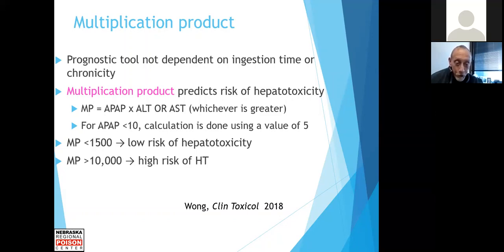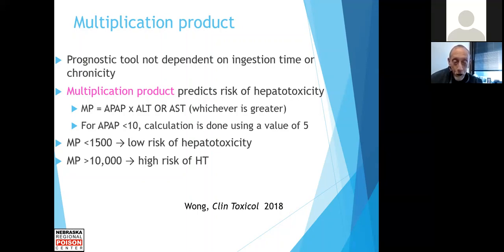What if their acetaminophen is less than 10? Well, then how do we do the calculation? We use a value of 5. We assume the acetaminophen is somewhere between 0 and 10. We call it 5, so we can actually do a calculation.